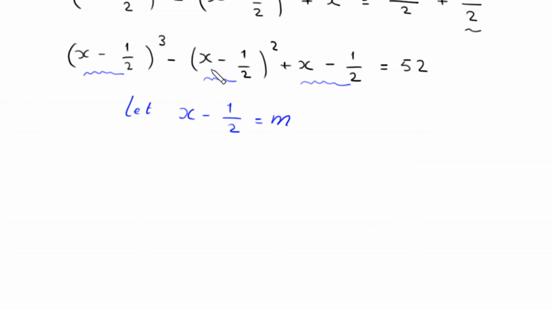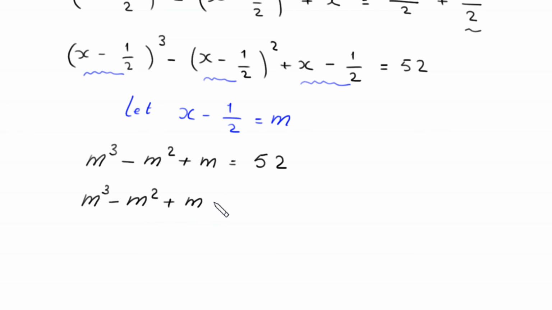Then this equation becomes m^3 - m^2 + m = 52. Now we move this 52 to the left-hand side, so it becomes m^3 - m^2 + m - 52 = 0.